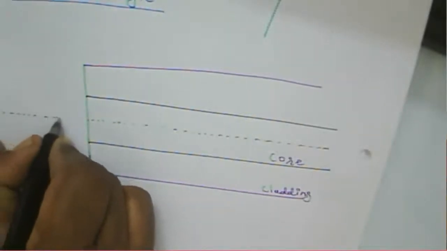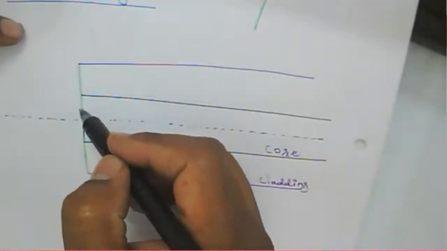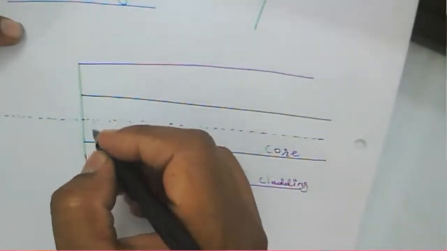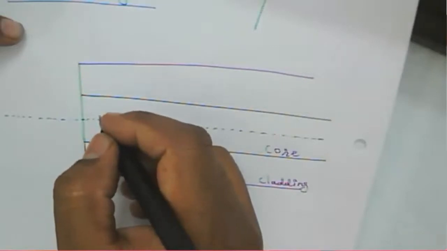In the case of acceptance angle, we should know what the axis is. This is your axis, and if you cut a section of this particular fiber, light is incident inside the fiber.